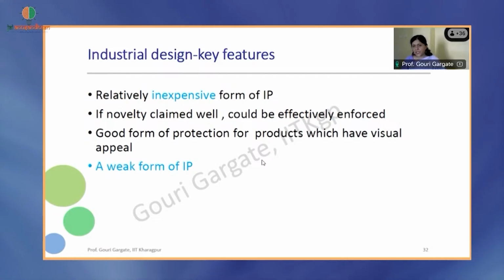No drafting, nothing like that. In patents, we have to put in a lot of effort for drafting, and claim drafting is an especially important part. But industrial design is very easy to file, and I insist that anybody, without the help of an attorney or any IP expert, can do it easily.